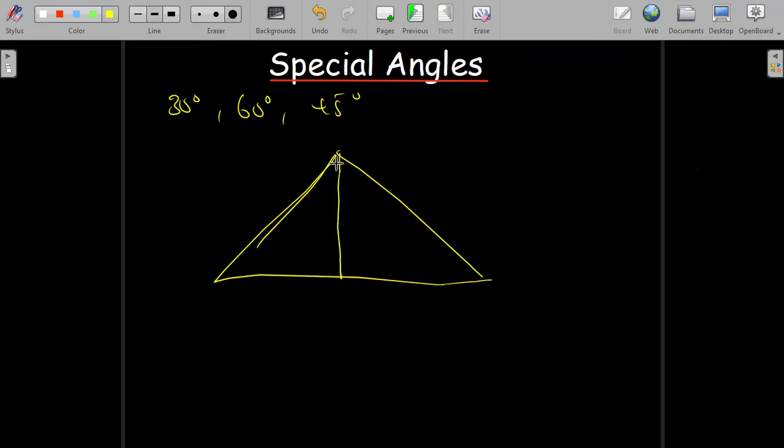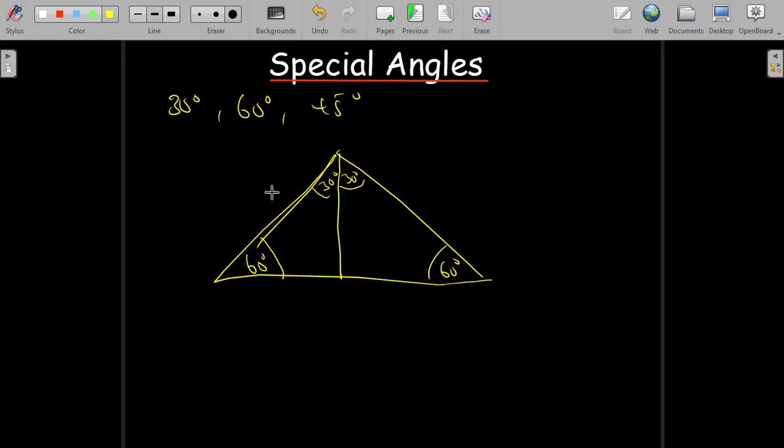Then I split this triangle, and because this is an equilateral triangle, and angles in a triangle add up to 180, this here is a 60-degree angle, and there is also a 60-degree angle, and another 60-degree angle. But here I write it as, since I've split it into two, a 30-degree angle, and also there a 30-degree angle. So I have this here.